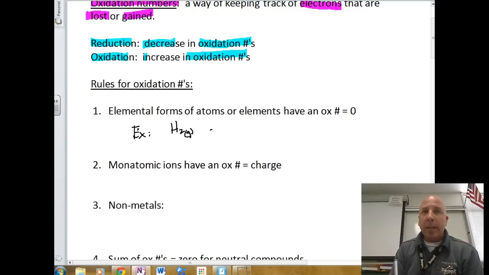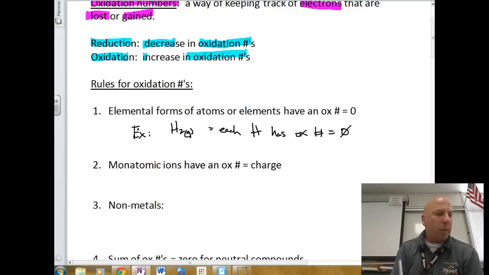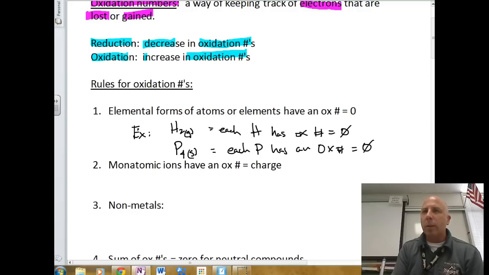And so we would say that each hydrogen has an oxidation number equal to 0. Same thing goes for solid phosphorus, which is usually written as P4. We would say that each phosphorus has an oxidation number equal to 0 as well.